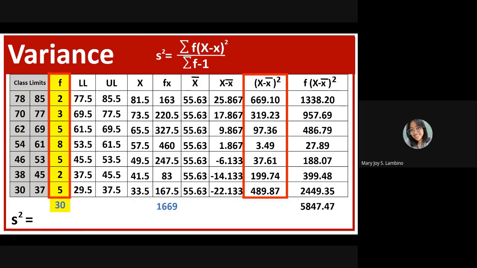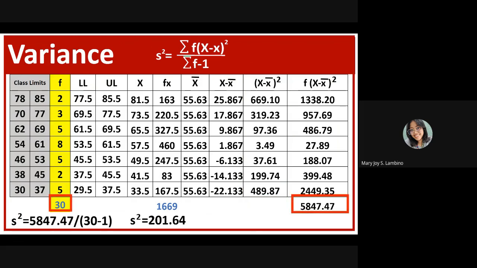Now, we can calculate the variance, which is 5,847.47 divided by 30 minus 1. Our answer is 201.64. That is our variance.